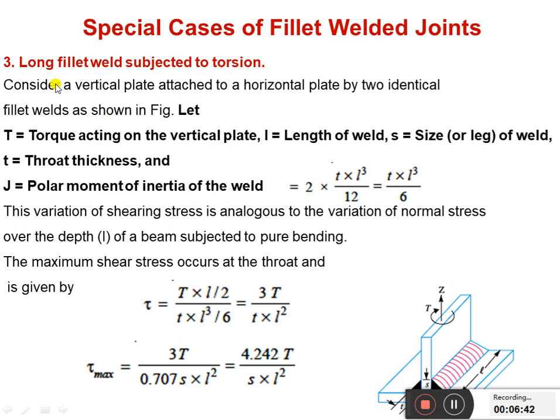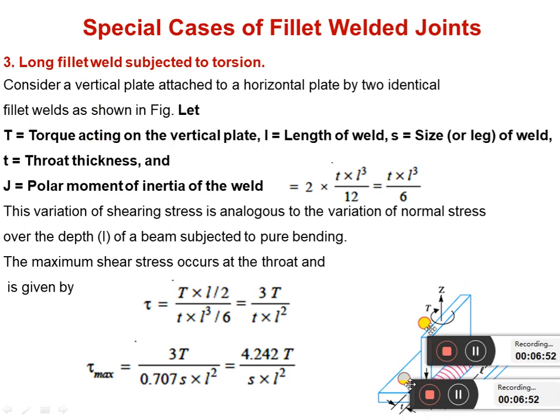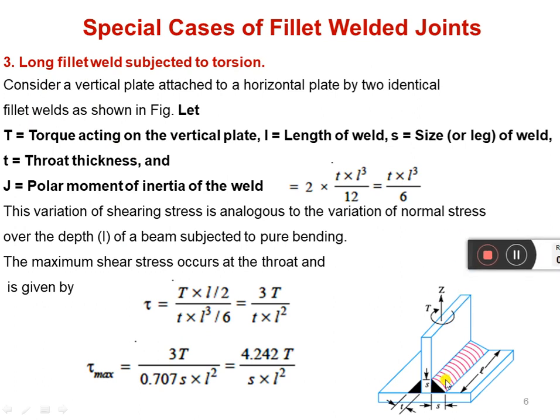And the long fillet weld subjected to torsion. T is torque acting on the vertical plate. Here you can see the diagram: T is the torque, small t is throat thickness, and J is polar moment of inertia of the weld. That is 2 into t into L cube divided by 12, which is equal to t into L cube divided by 6.